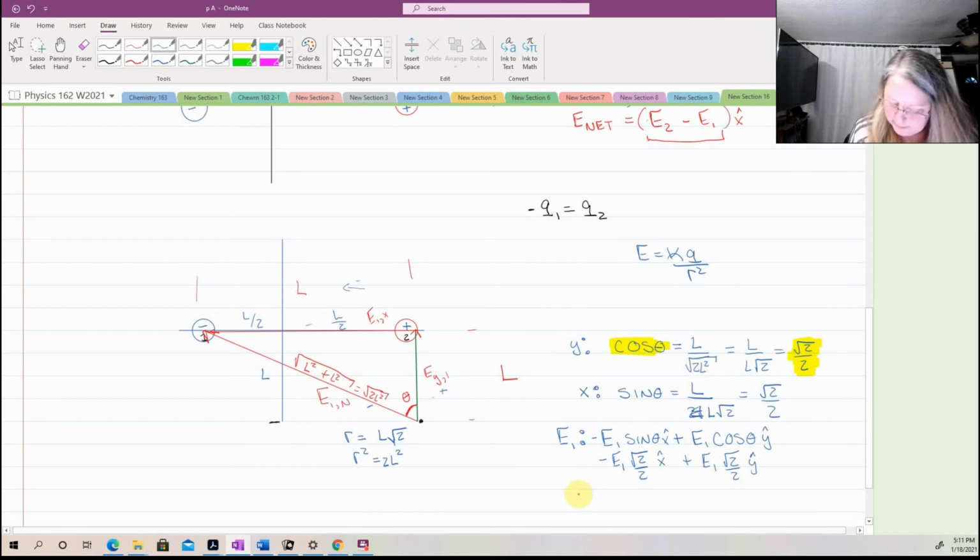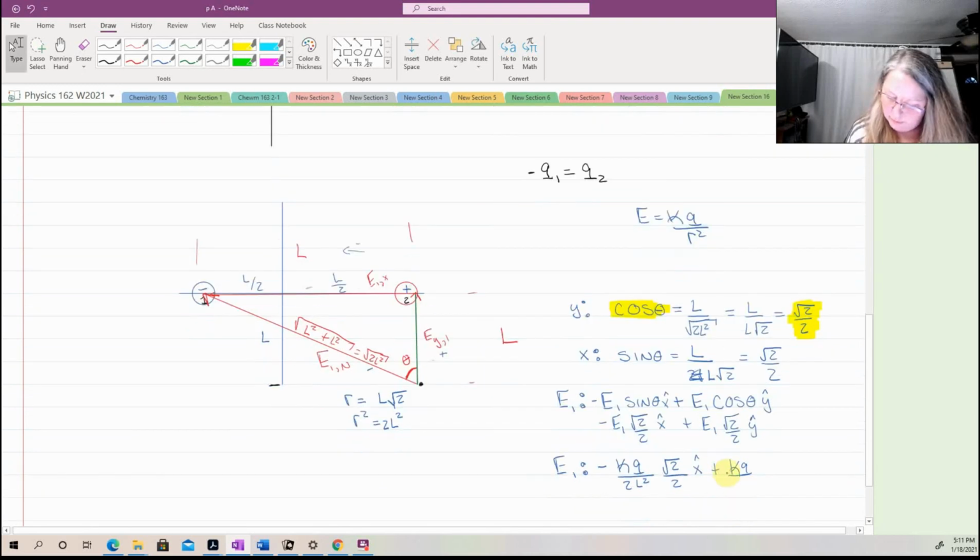So now I can rewrite this, that my E1 is going to give me negative kq over r squared, 2L squared, times the square root of 2 over 2, x hat, plus kq over 2L squared, root 2 over 2, in the y hat.